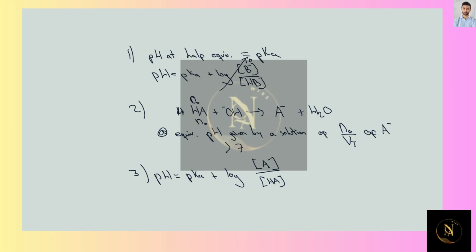If we change the volume, the amount of moles that we have is actually the one that is going to be telling us how this ratio behaves. So if we change the total volume without altering the amount of moles of each of the species, it doesn't matter, both of these are going to cancel. So a dilution is going to keep the pH of the buffer.